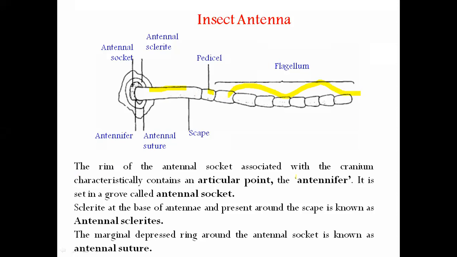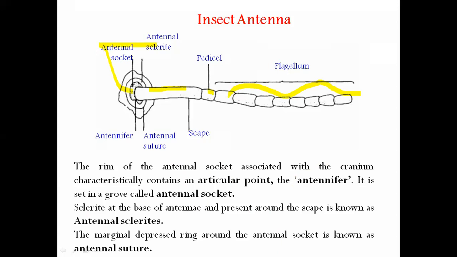The antenna is located where there is a single marginal point, called the antennal socket. Inside the head region there is one point, a single marginal point.